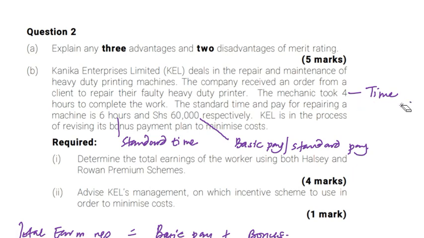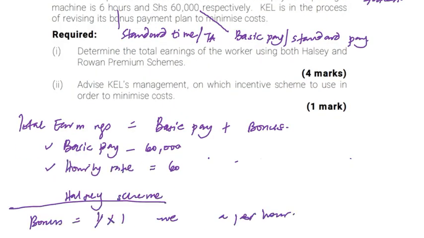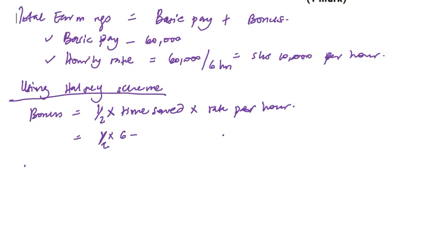The mechanic took 4 hours to complete. This is time taken. This is the standard time, or what we call the time allowed. So the time allowed, 6, minus the time that was taken, that will give you the time saved. Then times your hourly rate, which is 10,000.